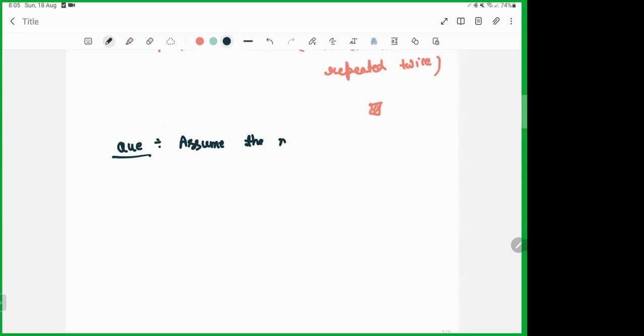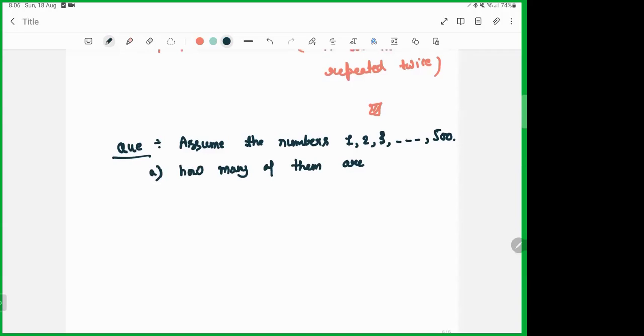Assume the numbers 1 to 500, 1, 2, 3, and so on up to 500. The first part is saying how many of them are not divisible by 7.